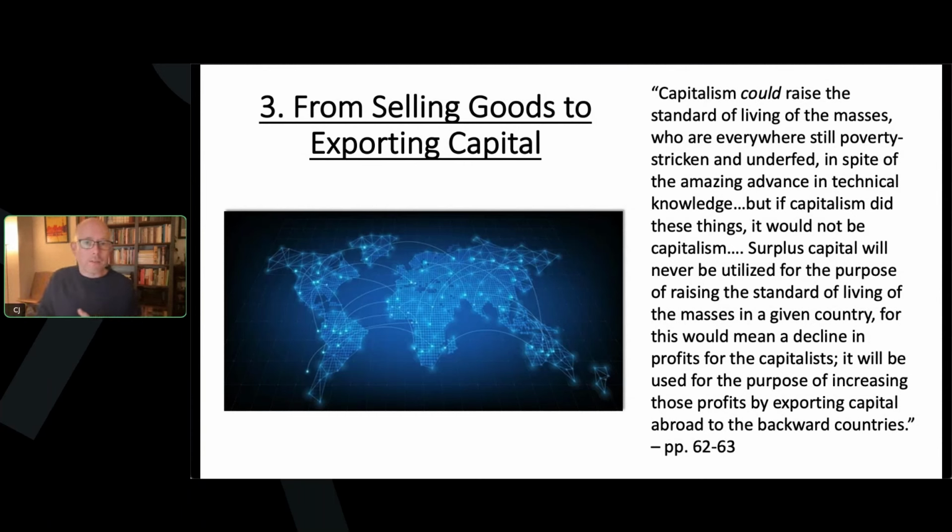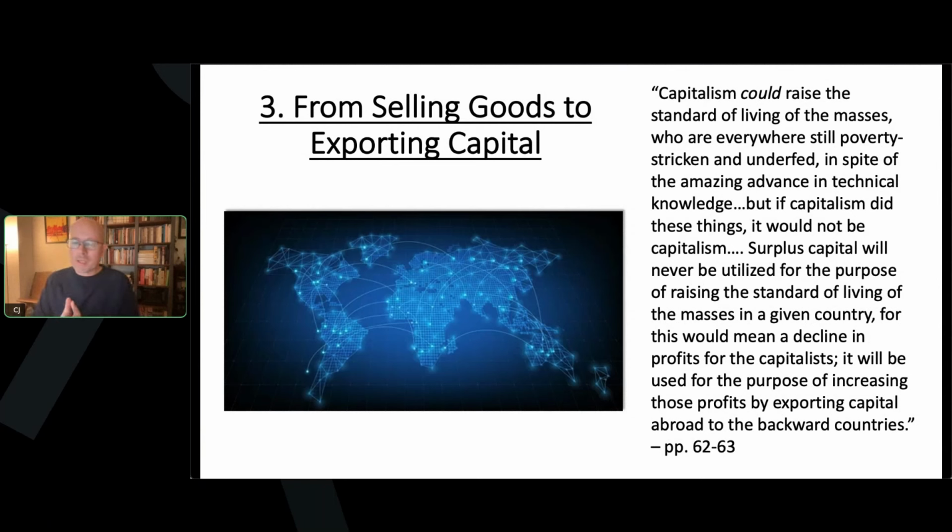It's resources that came out of the exploitation at the factories and at the job sites within the advanced imperial core country. That's money that could have gone to raise pay, to improve living standards, to provide education or healthcare, right? But instead, those profits were sent outward, not to help or aid some other country, but rather to further exploitation in other lands.